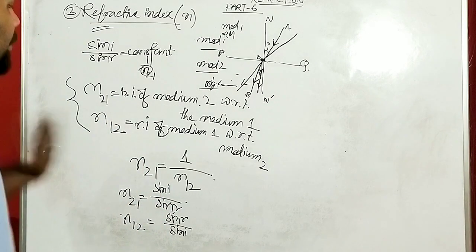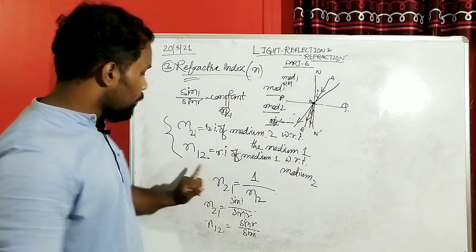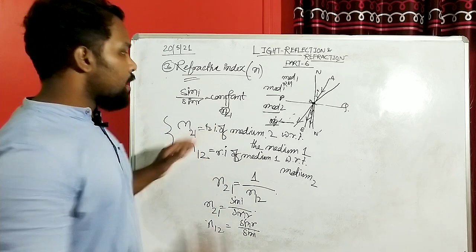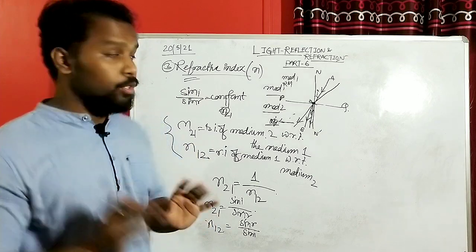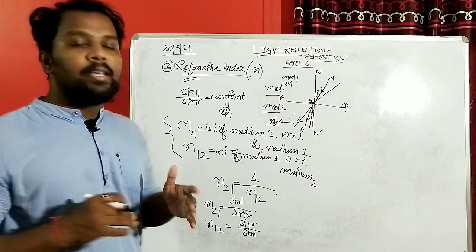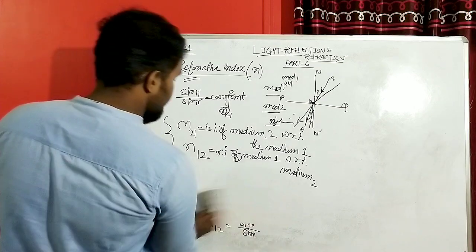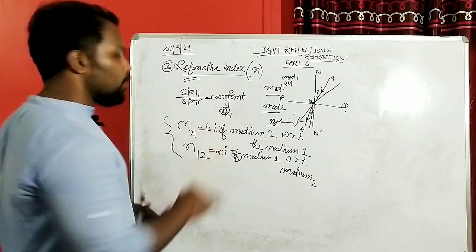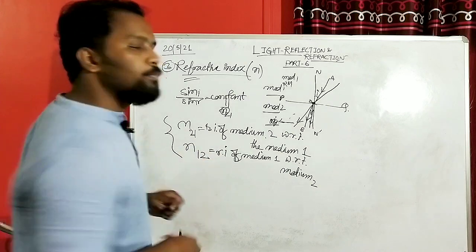Again, there are certain relations or links of refractive index with other quantities like velocity. There is a main link of refractive index with velocity. Now we will explain how the refractive index can be determined with the velocity of light. The main thing is, refractive index n21 means refractive index of medium 2 with respect to medium 1, and n12 means refractive index of medium 1 with respect to medium 2, right?